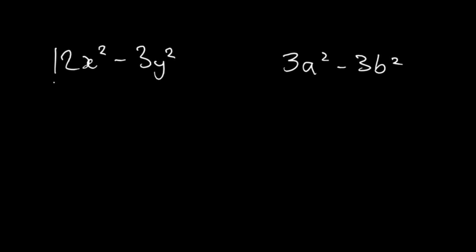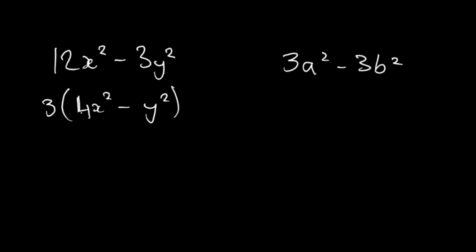Now for this one, the square root of 12 would give you an infinite, like a long decimal, and the same goes with the square root of 3. So what you do is, if you look properly, there is actually a common factor. The common factor in this case would be 3. So you could take the 3 out, and the 12x squared will become 4x squared minus y squared. Now you have the a squared term, because you can square root this.